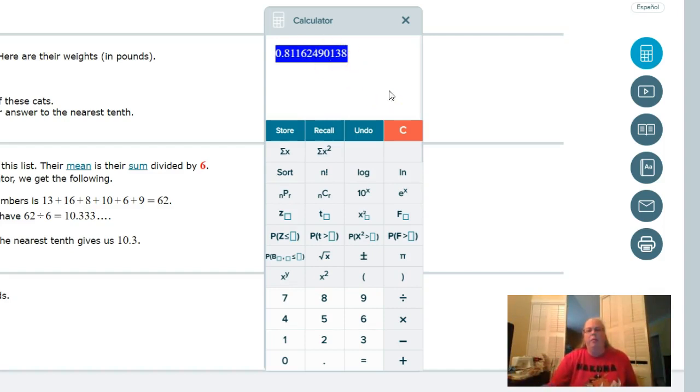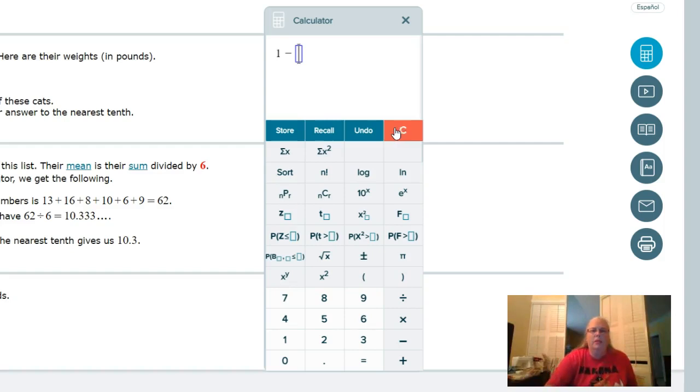Now that area, remember, is to the left, and if I want the area to the right, then I'm supposed to do 1 minus that area. Guess we need to clear this out of here.